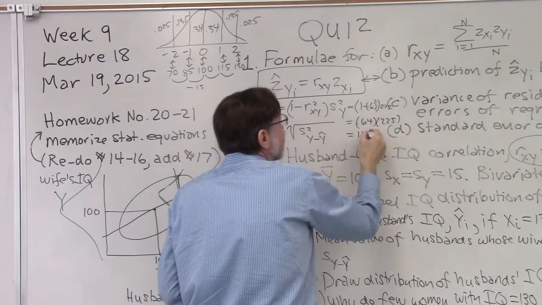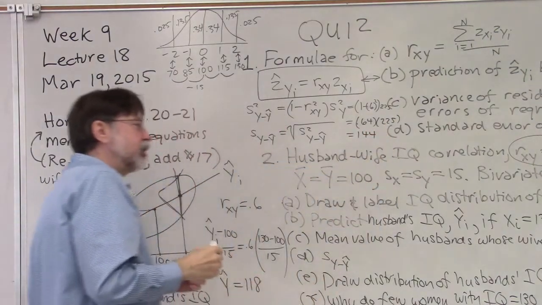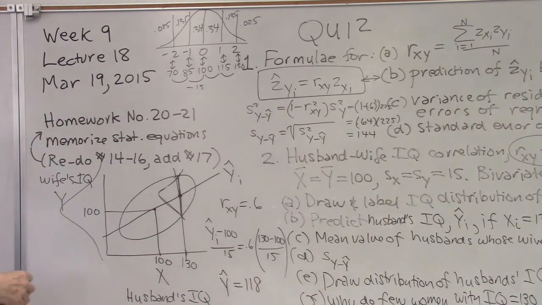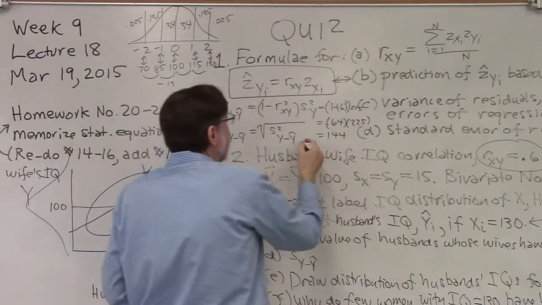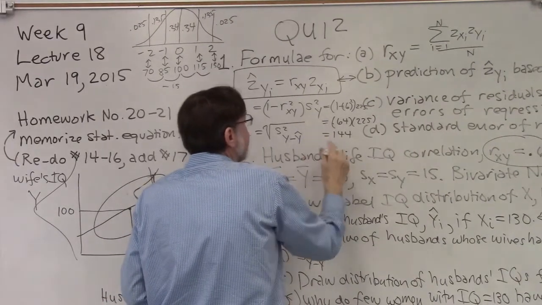That's 144. I choose numbers that are nice to you. 144 is a perfect square. You can take the square root of that, so the square root of 144 is 12. So the answer to this question is 12.